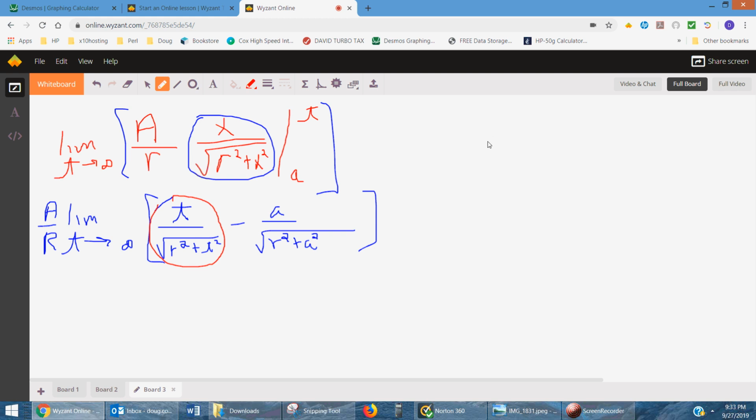Well, I could write this as t over the square root of r squared plus t squared. And if I multiply numerator and denominator by 1 over t, the numerator becomes 1, and I can introduce this t into the radical by squaring it. So I can say the square root of r squared plus t squared over t squared.